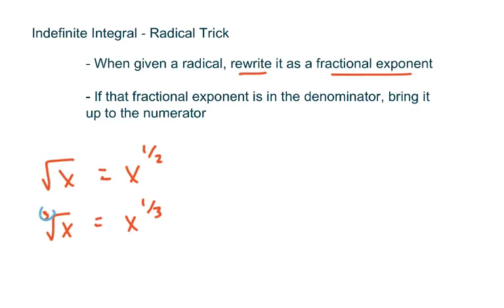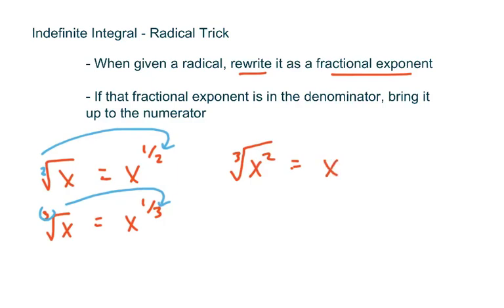Whatever this root number is, and again here it's an imaginary 2, that number is always what's in the denominator of your fractional exponent. If we have, let's say, the cubed root of x squared, well, that means that we have our x squared term.